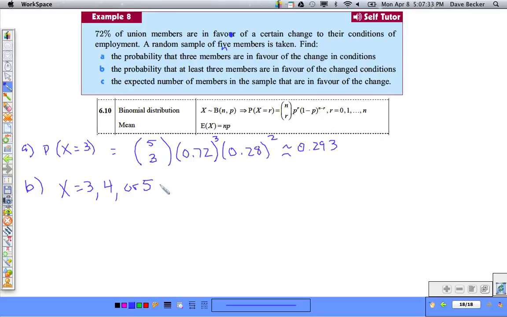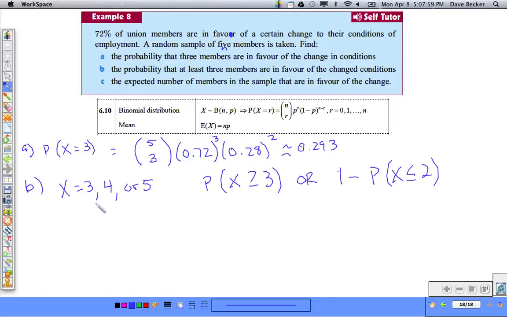Well, one way to think about it is that is the probability that x is greater than or equal to 3, or 1 minus the probability that x is less than or equal to 2.